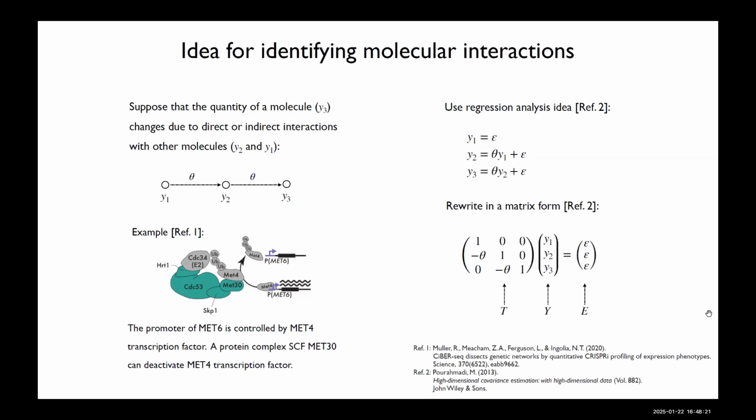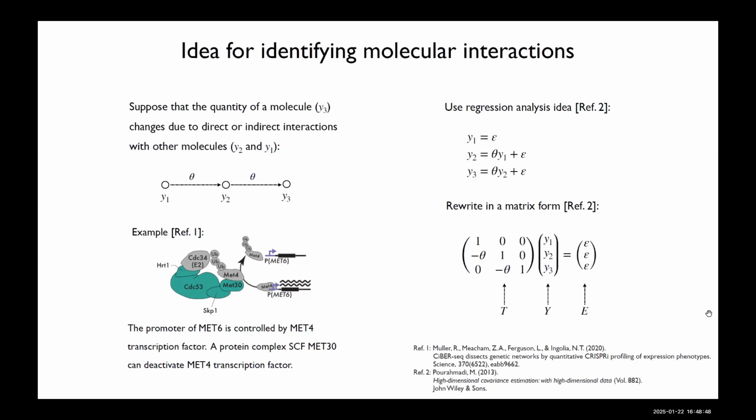we can express the quantity of different molecules as a set of regression equations. For example, the theta represents correlations and epsilon represents the noise. And then you can rewrite these equations into a matrix form.